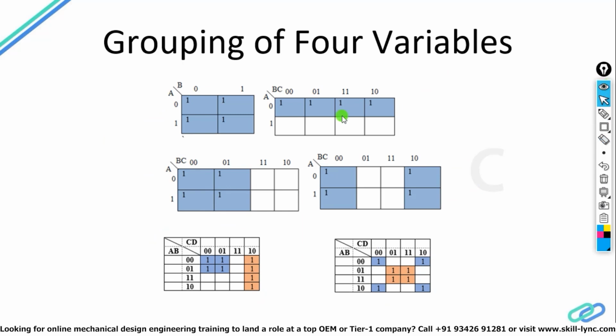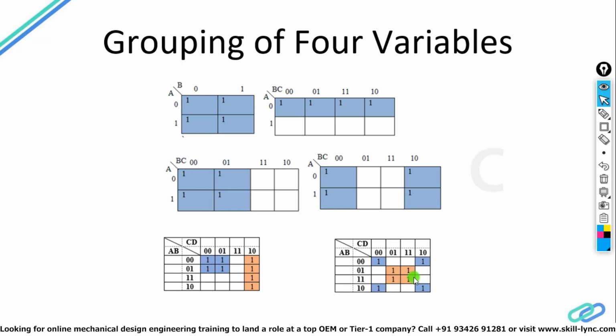In this slide we are talking about the grouping of 4 variables. You are having 4 variables with you. How can you make a pair of these 4 variables? The very first requirement is that all the 4 variables should be adjacently placed. Second thing is you can make a pair horizontally. You can make a pair vertically.